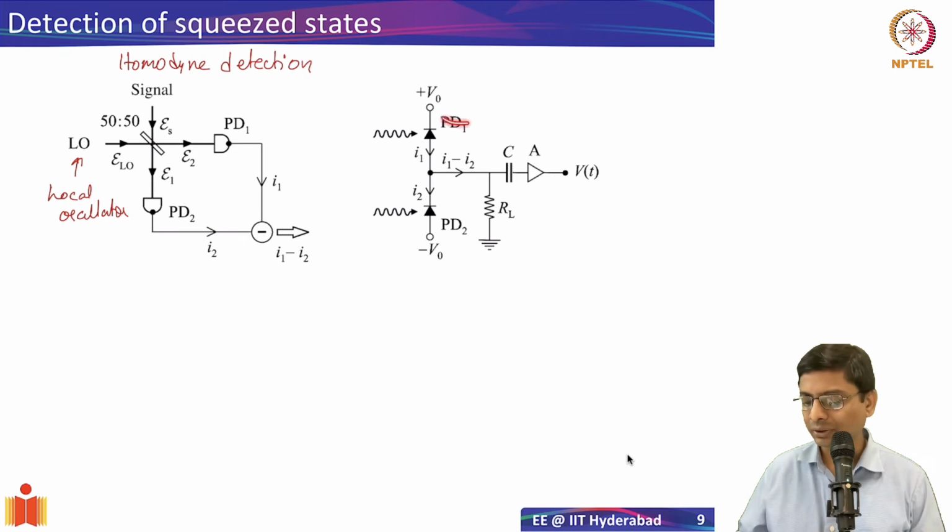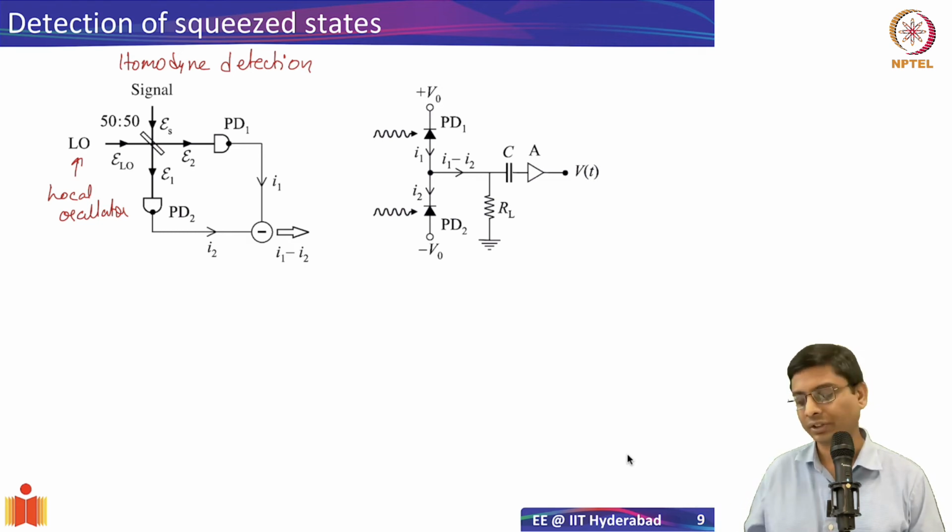We already talked about this sort of a scheme wherein you have two photodetectors which are balanced, and you bias them in such a way that the classical fluctuations in the currents vanish between the detectors, and you're left with only the AC component, which is the shot noise fluctuations, and that you couple and then measure as an output. So fluctuations in the current effectively capture the fluctuations in the intensity, right?